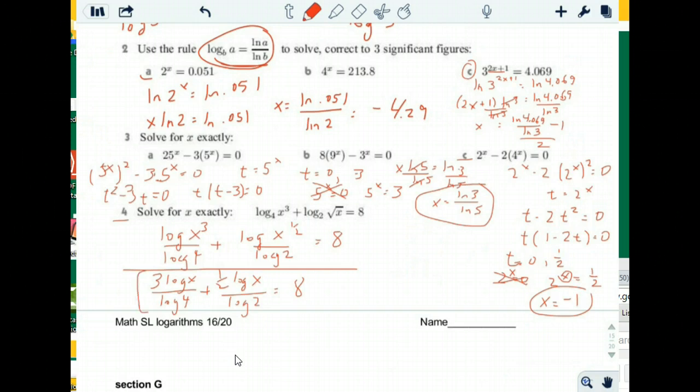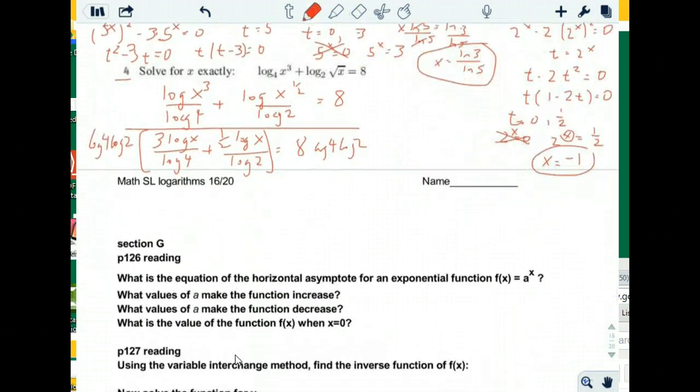Now we're going to multiply both sides by log 4 times log 2, and that'll give us log 2 times 3 times log x plus log 4 times 1/2 times log x is equal to 8 times log 4 times log 2.